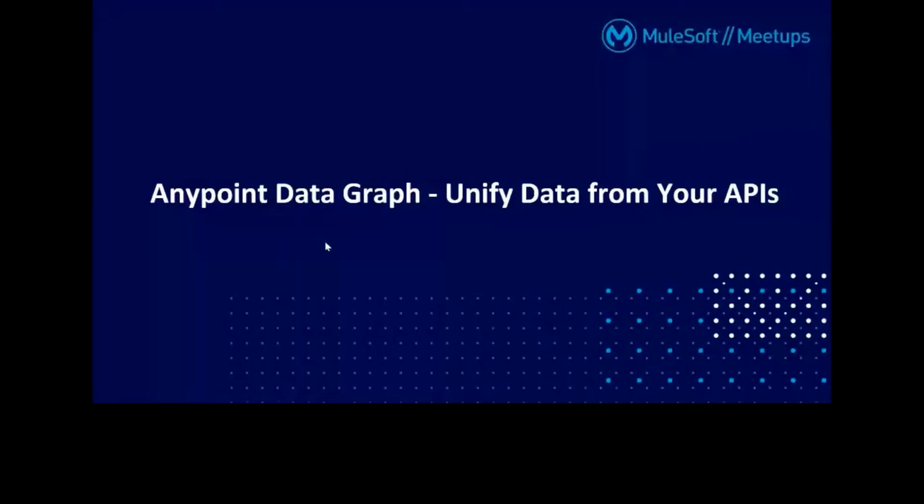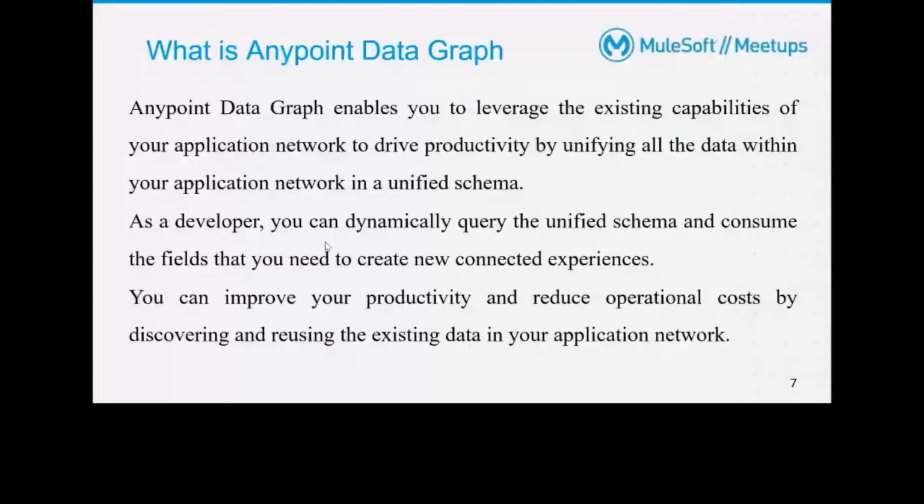It brings unified data from all the APIs into one place. So if you have already developed 10 APIs, you don't need to create one more experience API to get the data from different APIs. Using this data graph, you can dynamically query the data from these 10 APIs. That is a really good feature.